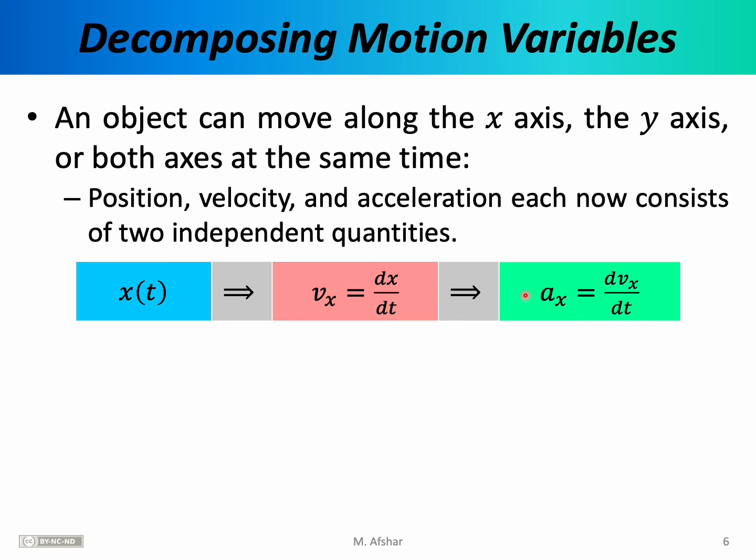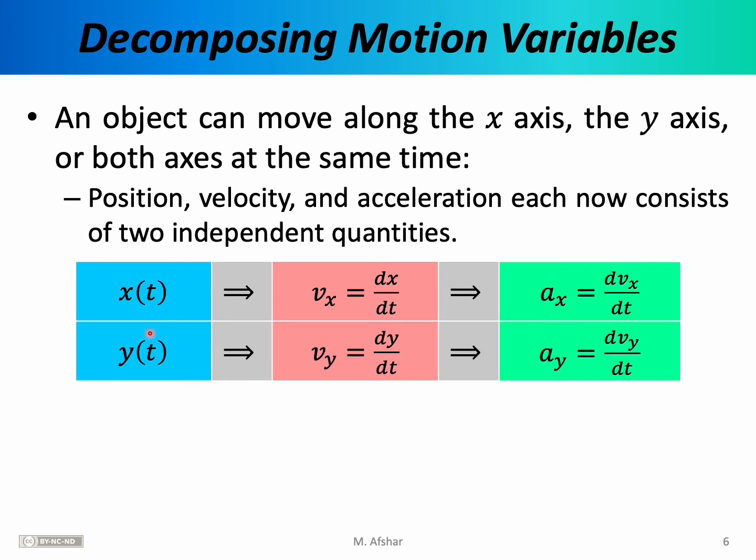the x-acceleration. At the same time, we need to discuss the y-coordinate of the object and the rate of change in the y-coordinate, which we'll call the y-velocity, and the rate of change in the y-velocity, which we'll call the y-acceleration. These equations should look familiar to you from Chapter 2. The new idea here is that now we have twice as many quantities to worry about.